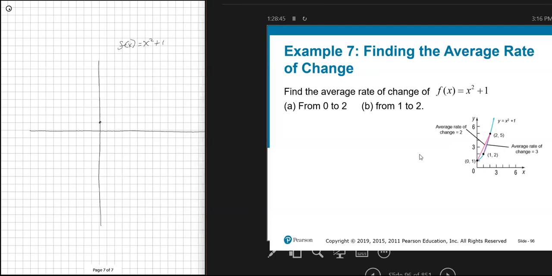So we have 0 gives us 1, 1 gives us 2, 2 gives us 5. 3 would give us 10. So the graph of it looks something like that.